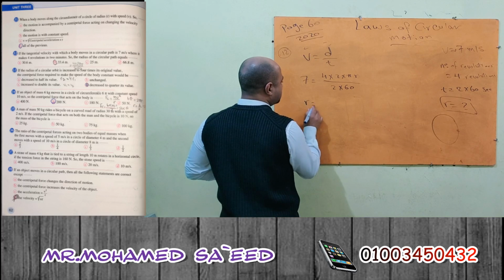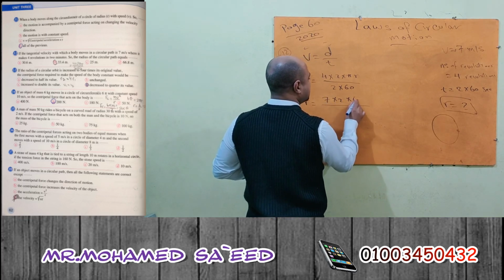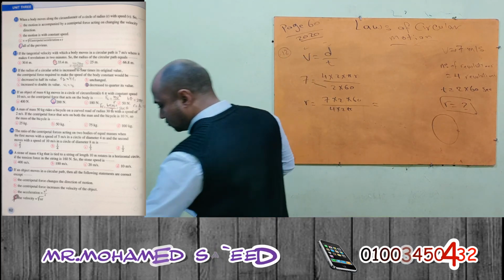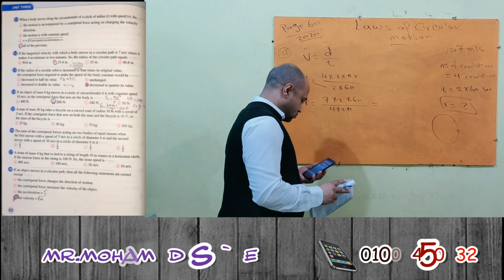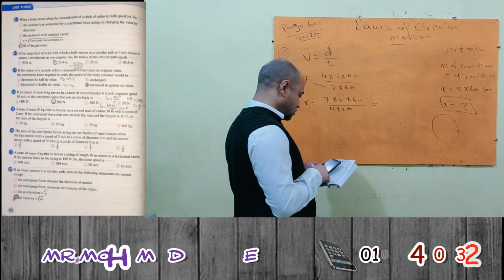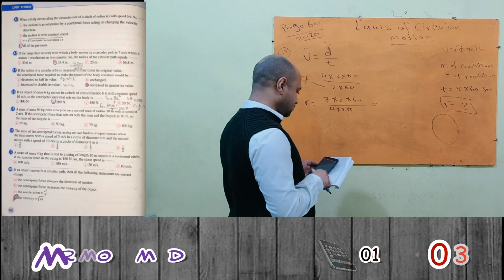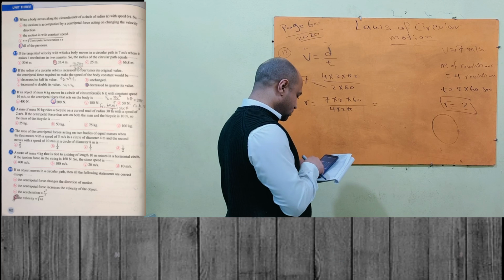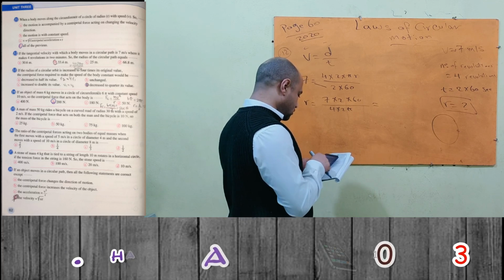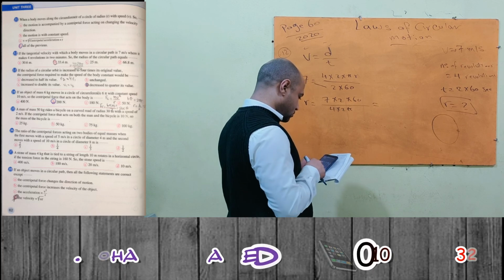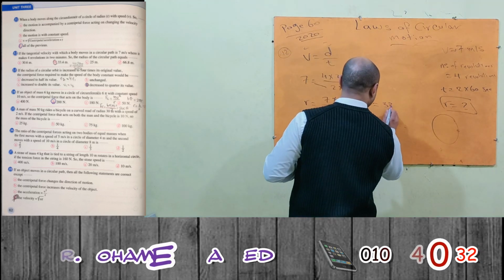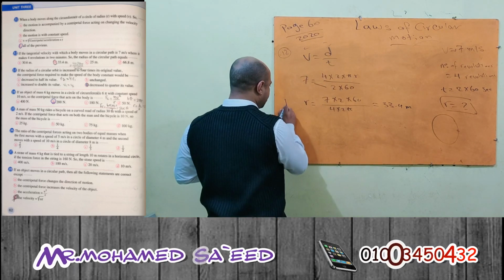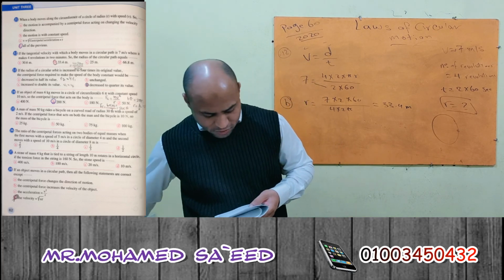So R equals 7 times 2 times 60 over 4 times 2 pi. Using the calculator, 7 times 2 times 60 over 8 times pi equals 33.4 meters. So the true answer is B, 33.4 meters. Okay, question number 13.